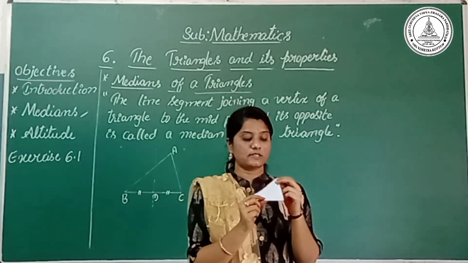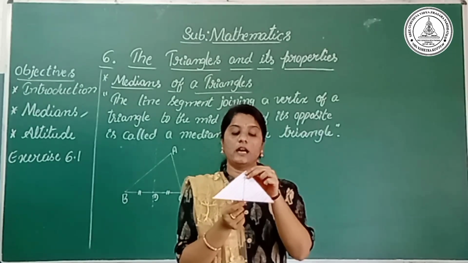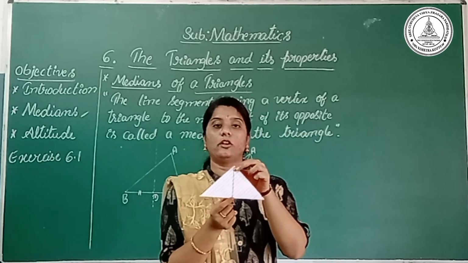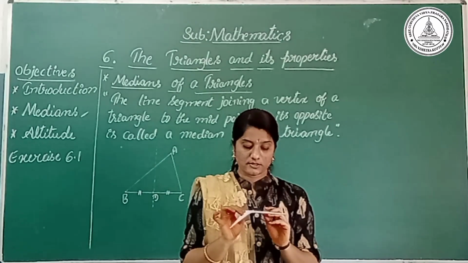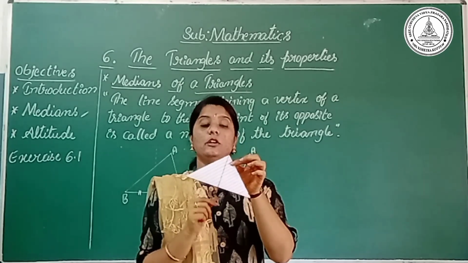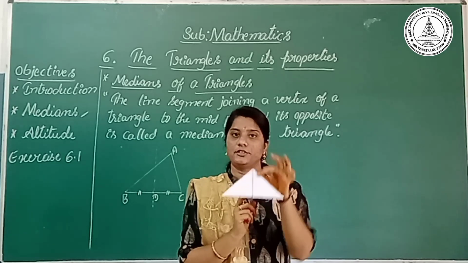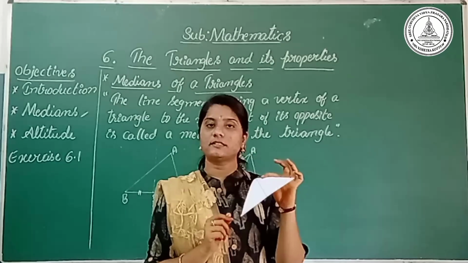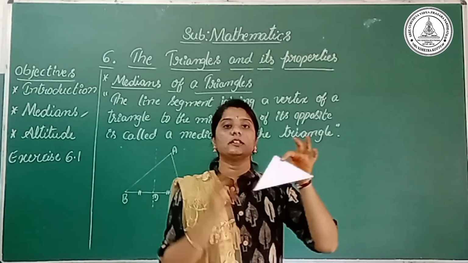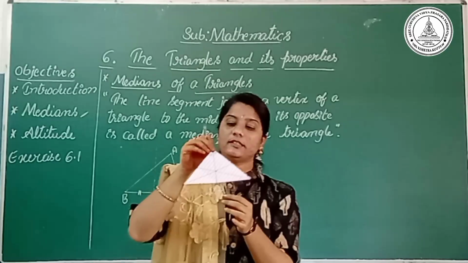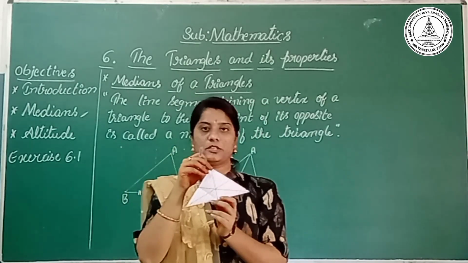Or we can say that a median connects a vertex point to the midpoint of the opposite side. You may see here I have drawn one median. You may also draw two more medians for this triangle. We know that the triangle has three sides, so for this triangle we can draw three medians. Like this we can find the median of a triangle by using a paper sheet.